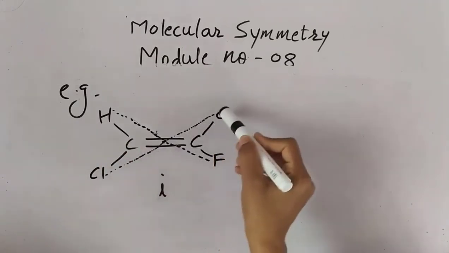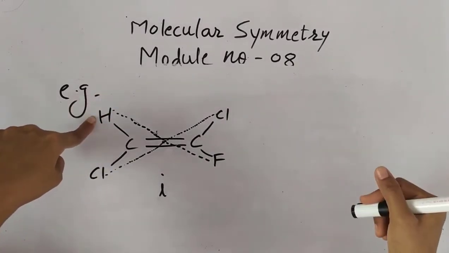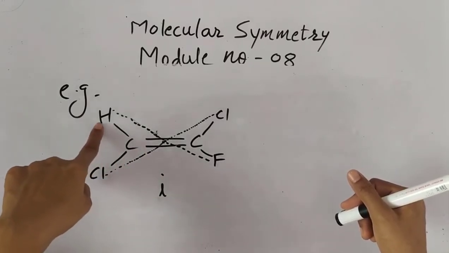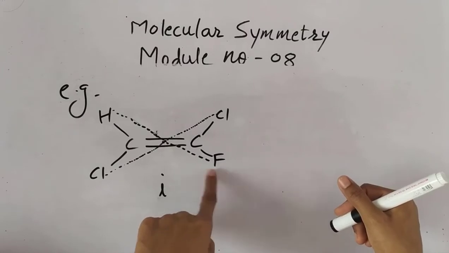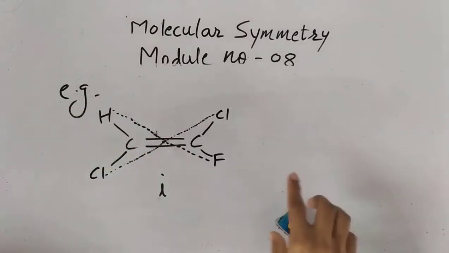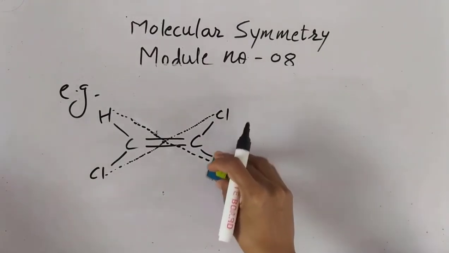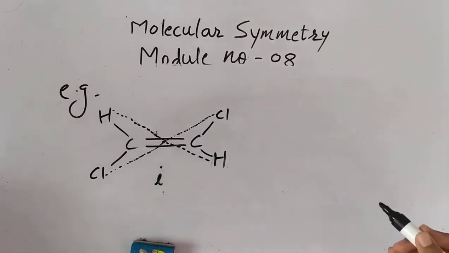Even though you are getting the same atom here, you are not getting the same atom if you start with the hydrogen. There is a fluorine atom on the other side, at equidistance and in the opposite direction. So for this molecule, the center of inversion is absent. But if you replace fluorine by hydrogen, then this molecule will possess a center of inversion.